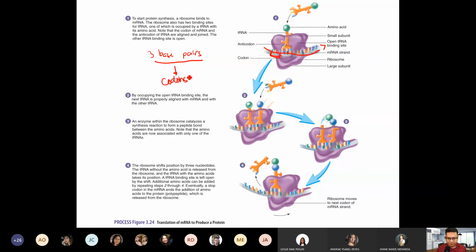Okay? So every 3 base pairs is a codon, parang yan yung binabasa ng tRNA para alam kung anong tamang ikinakabit. So ang nangyayari po dyan, parang napasok at nalabas yung ating tRNA, nare-reuse yung tRNA.